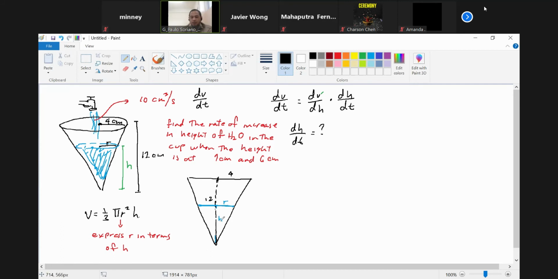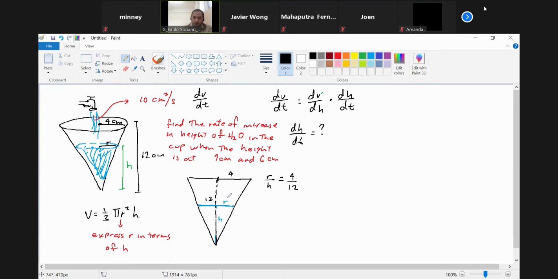I can relate these two together. R per H, this must be equal to what? R per H is equal to 4 per 12. 4 per 12, correct, okay?